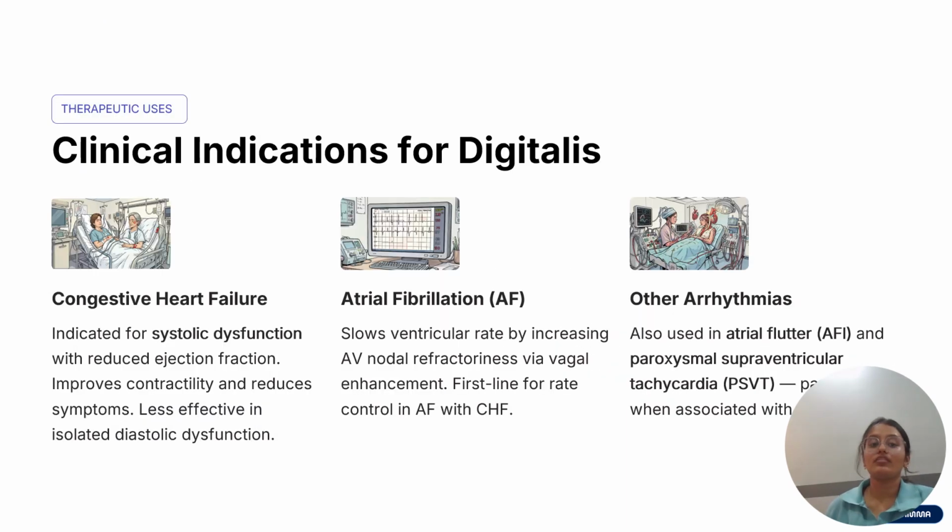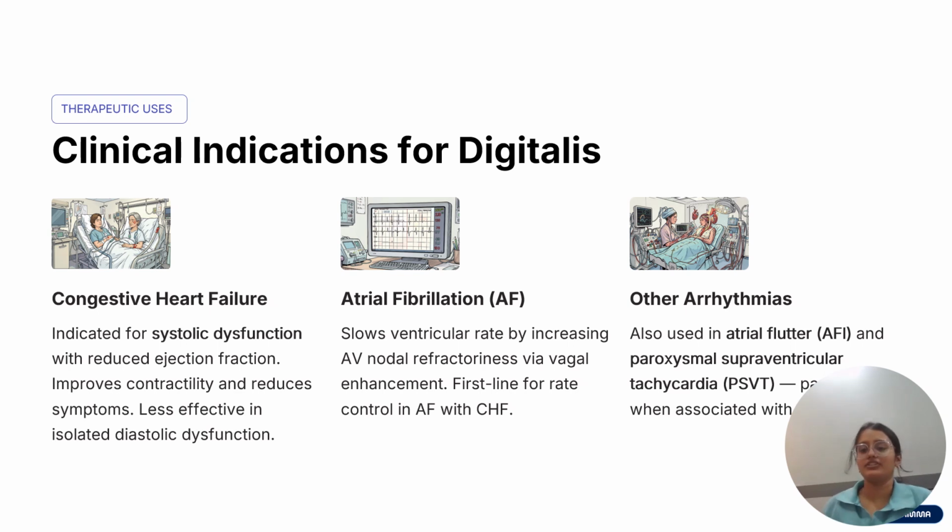Now, therapeutic uses, clinical indications for Digitalis. Congestive heart failure with systolic dysfunction and reduced ejection fraction: it improves contractility and reduces the symptoms. It is less effective in isolated diastolic dysfunction.